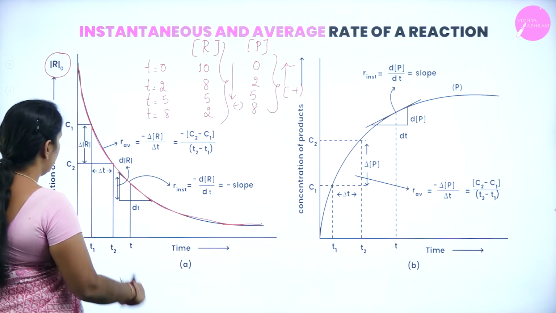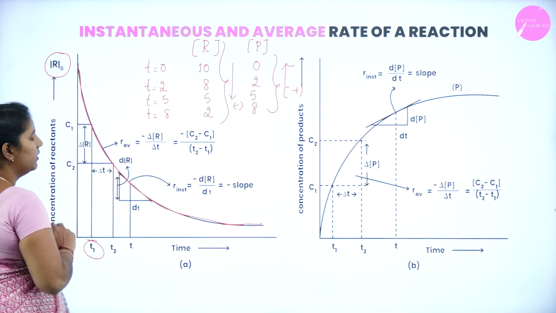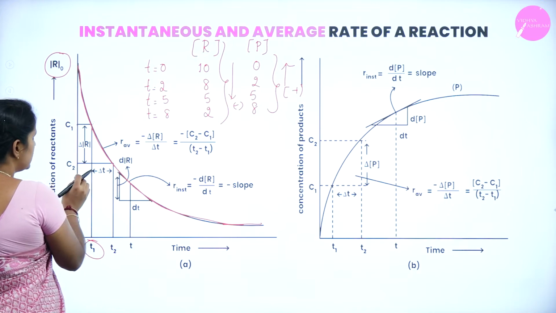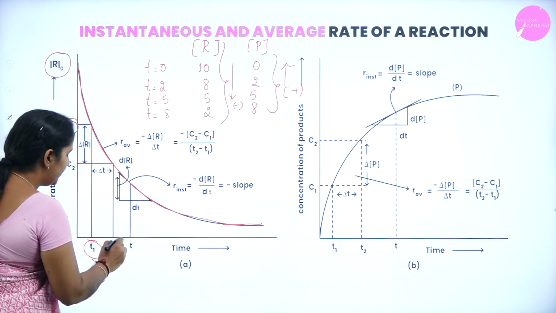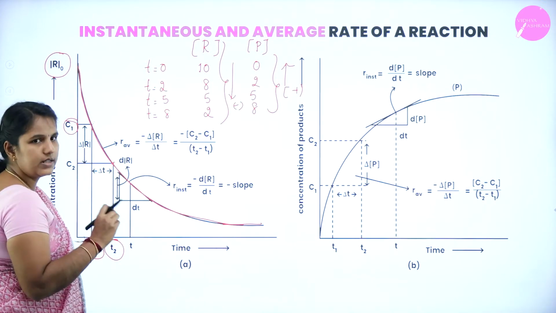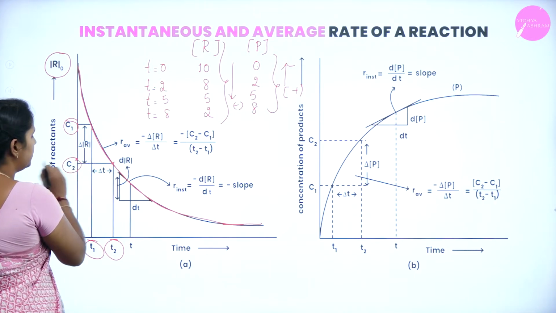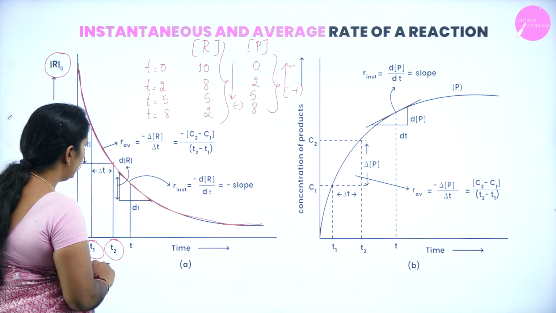Understood? Here, consider at a time T1, the concentration of the reactant, the difference between 0 and T1, is C1. At a time T2, the concentration of the reactant is given by C2, by taking the difference between the first and the last.